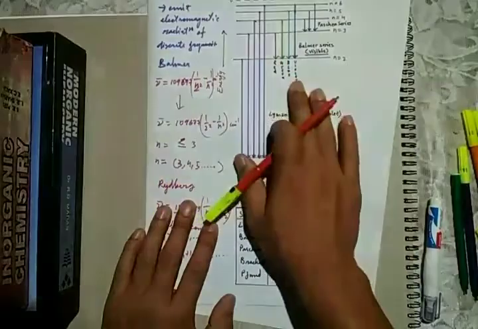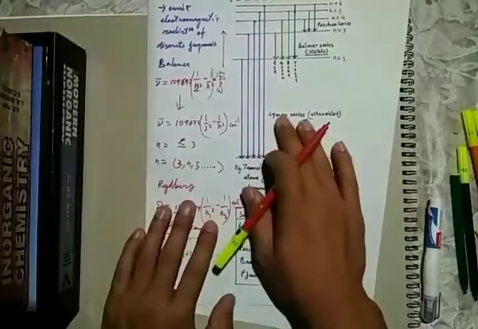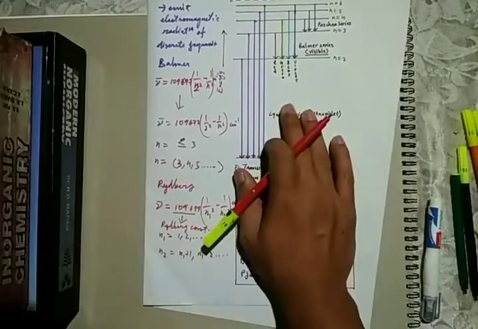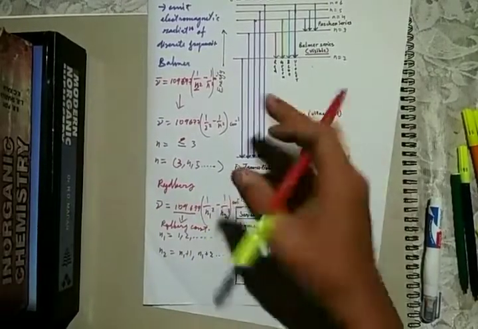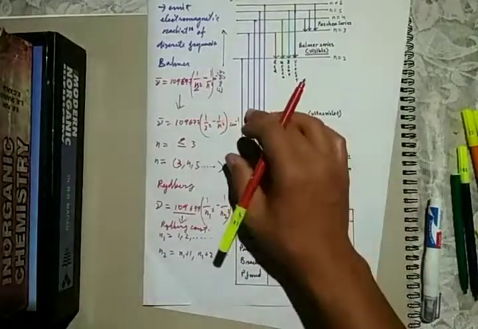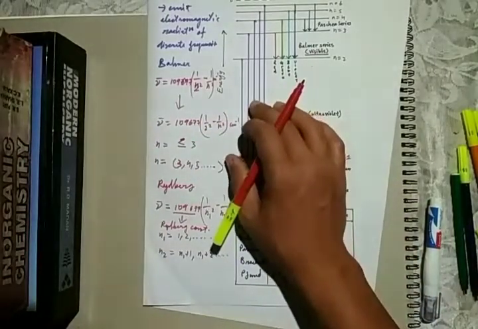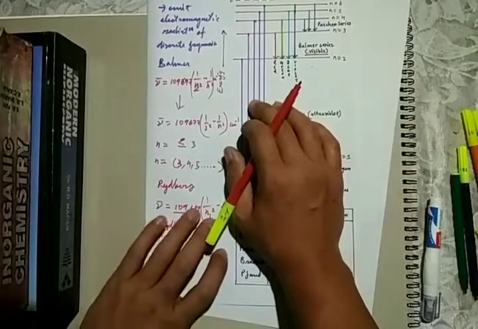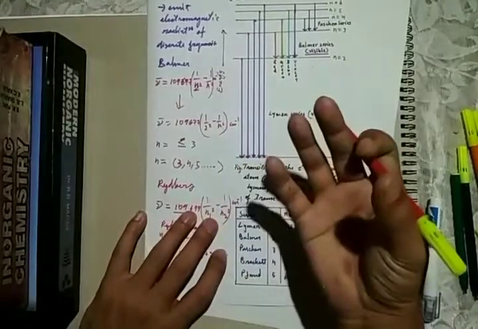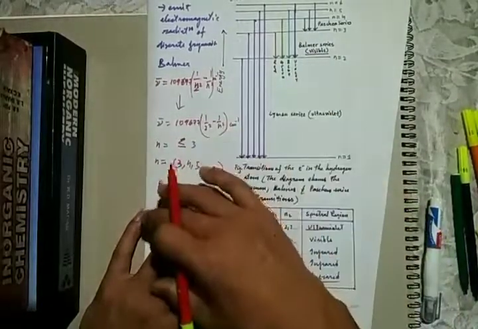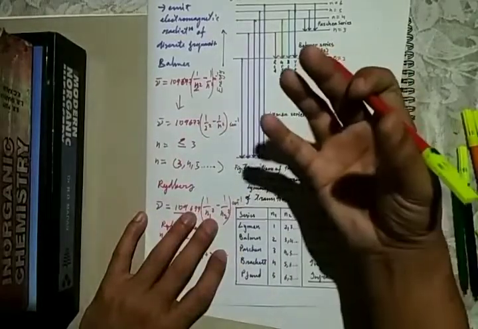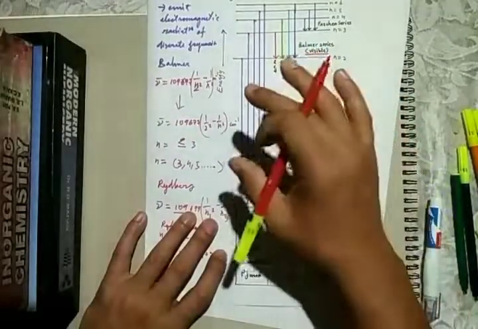This theory and this discovery led to the idea of Bohr's model of the atom. Through Bohr's model of the atom, we have quantized energy levels.